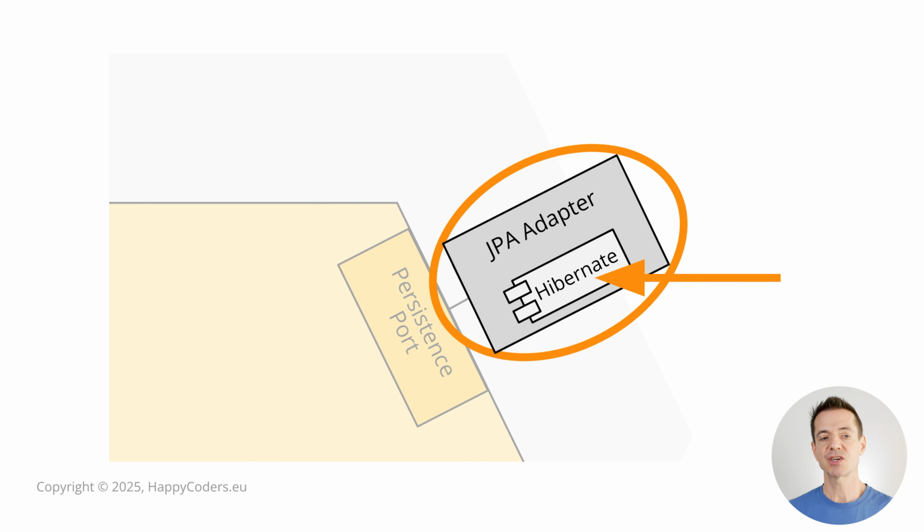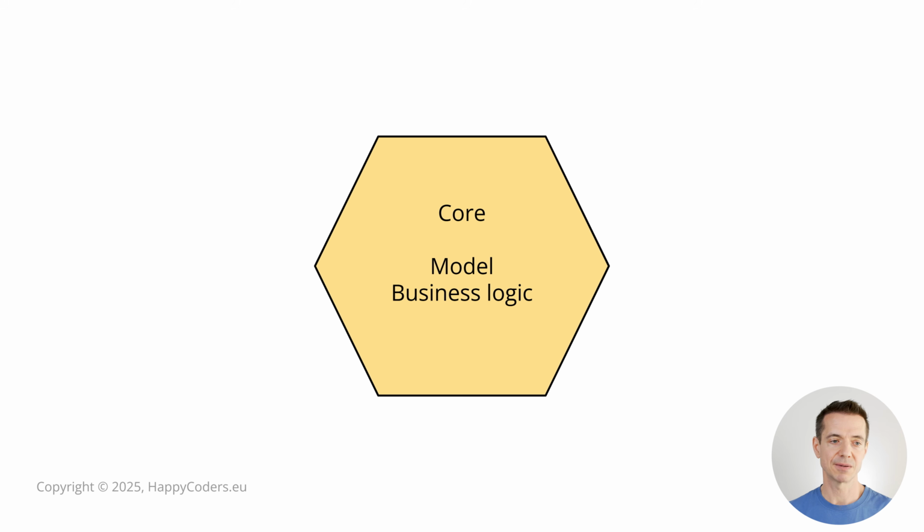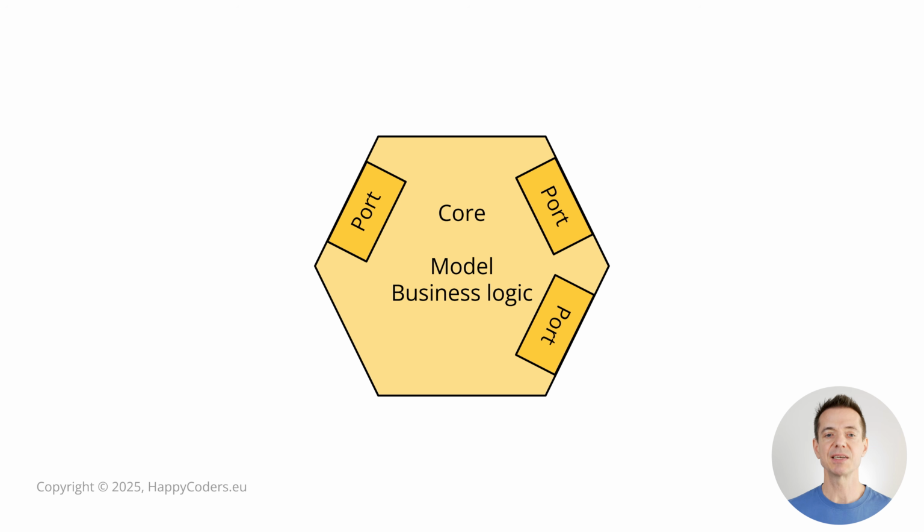Another major advantage that I also categorize under changeability is the following. You can start by developing the application core and initially define only the interfaces for the ports and test against them without having to worry about the adapters or the technology you will use behind them, whether REST or GraphQL, whether Spring Data or Panache, or whether SQL or NoSQL.